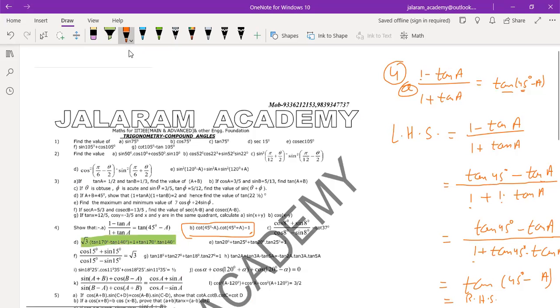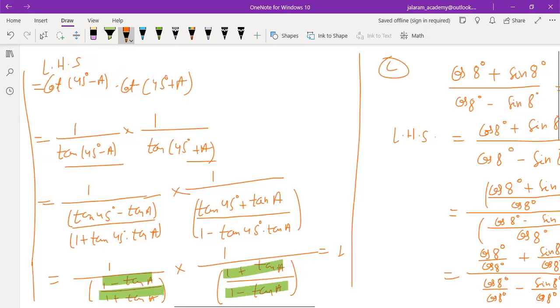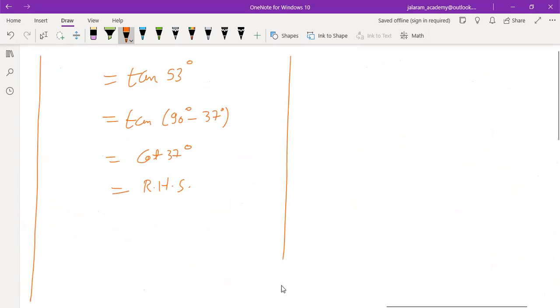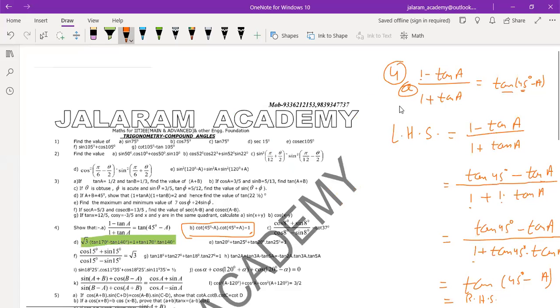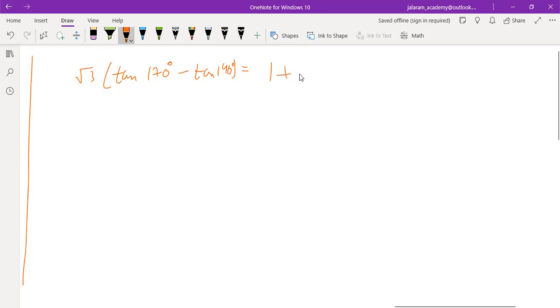In these types of questions, first write it. This is the last question.